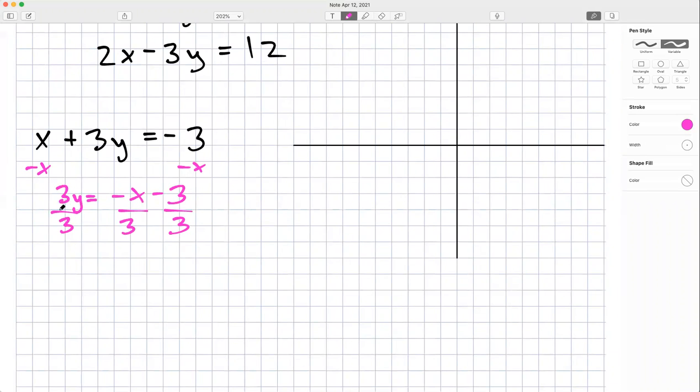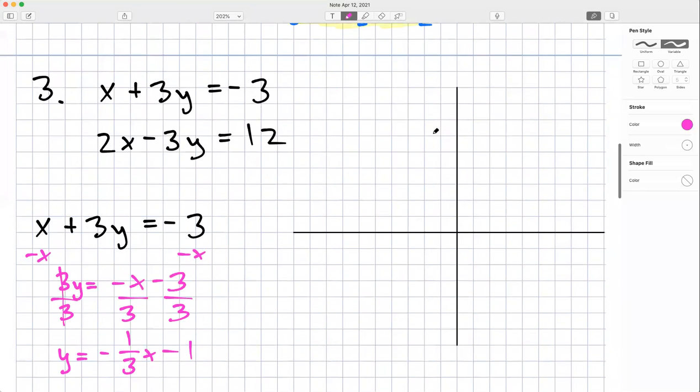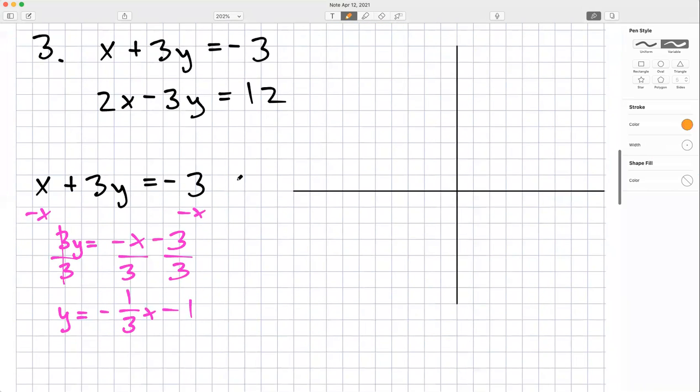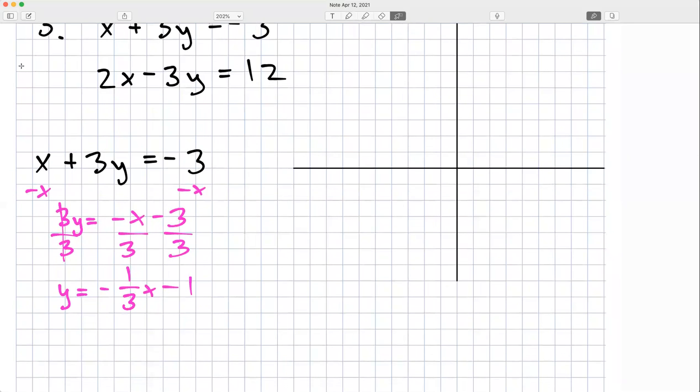Okay, and then cancel those 3's there. Y equals -1/3 x minus 1. That's this first one up here. And then the second one is going to be over here.